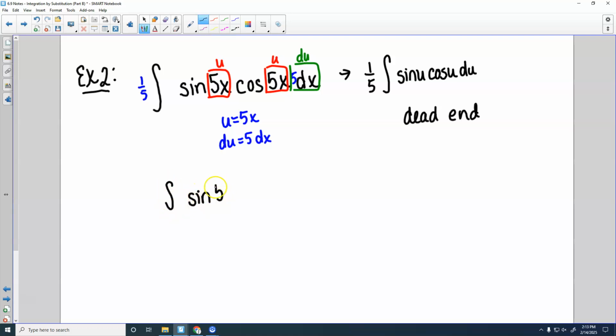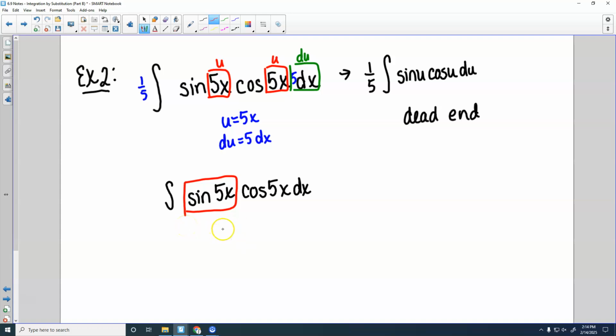Let's look at it. We'll rewrite it here. So since 5x did not work as our u, we're going to have to use something bigger than 5x. Let's say that we use sine of 5x as our u.